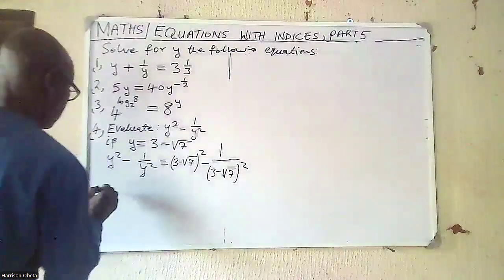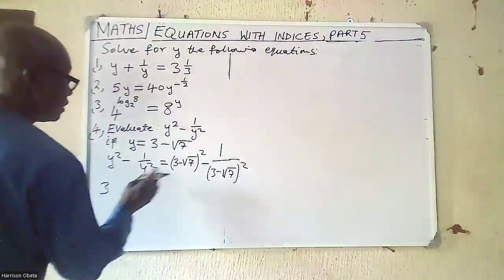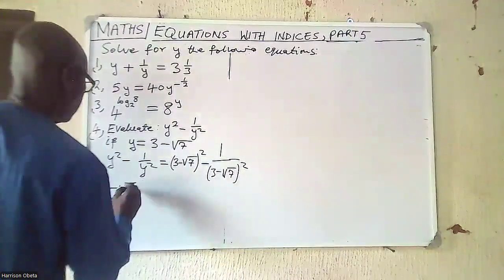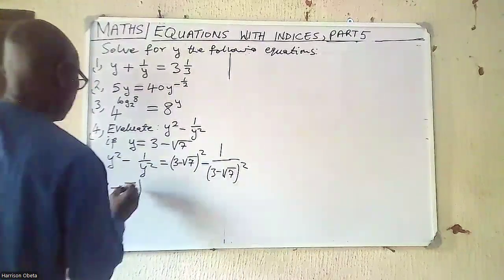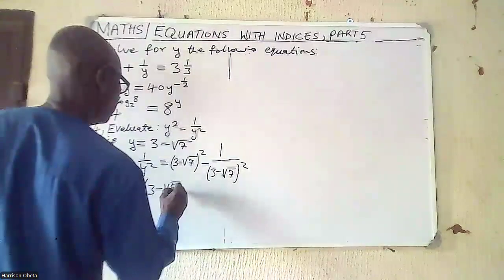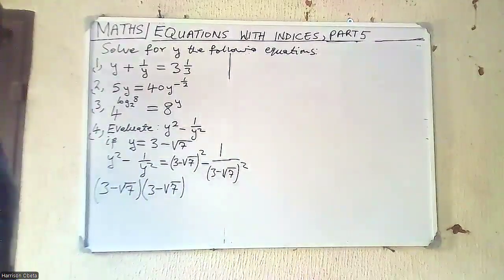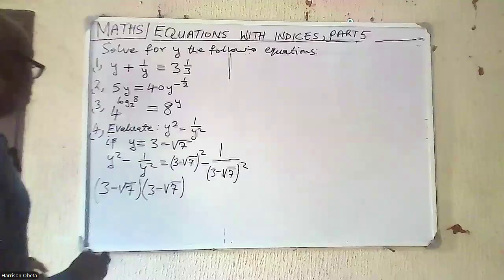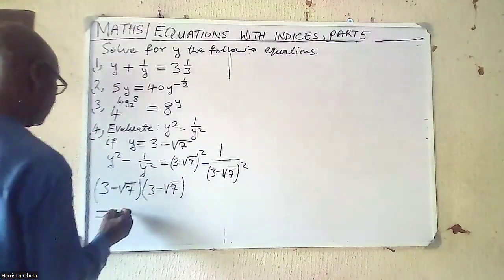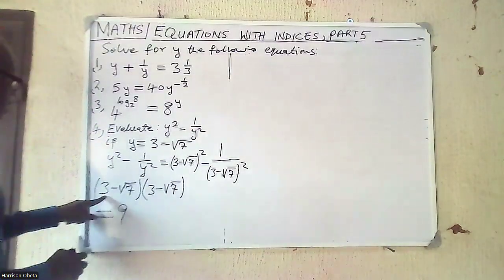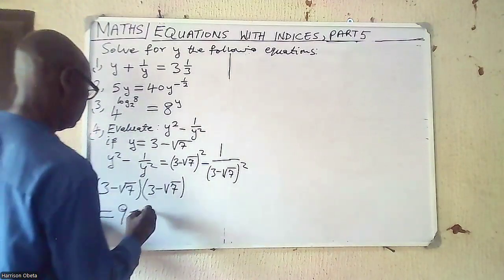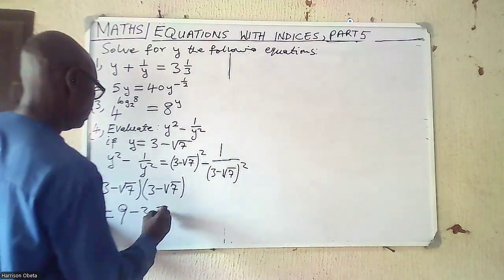Okay? So that means, taking this one, 3 minus root 7 into 3 minus root 7. That is multiplied by itself. That will be 3 times 3 is 9. 3 times root 7 is minus 3 root 7.